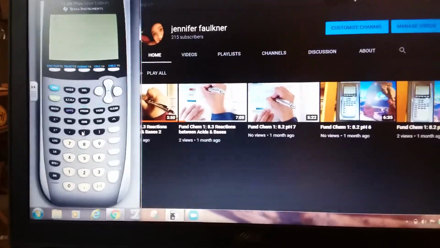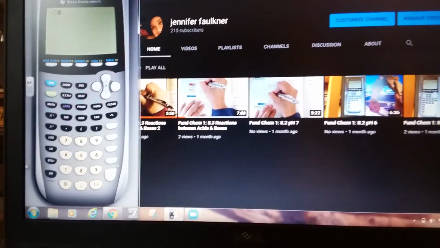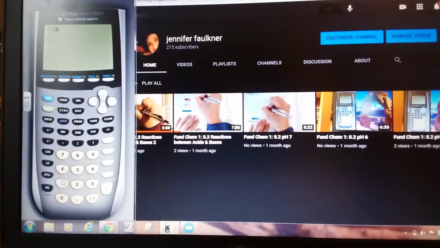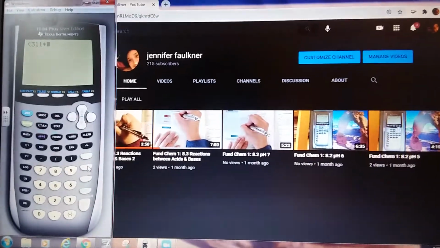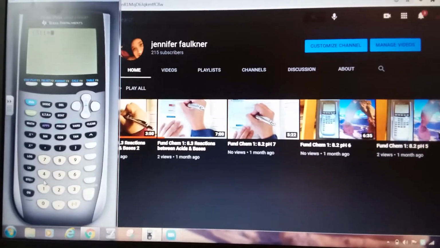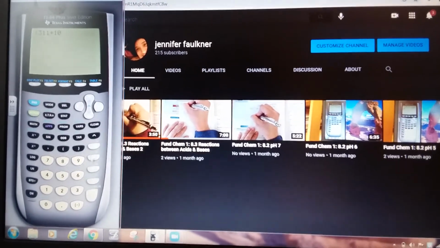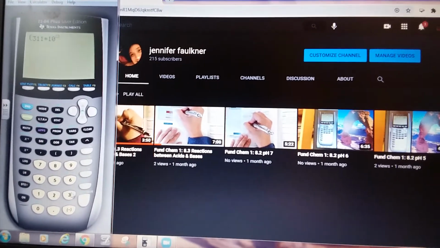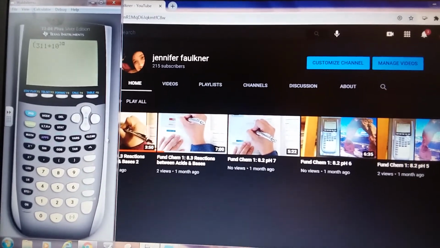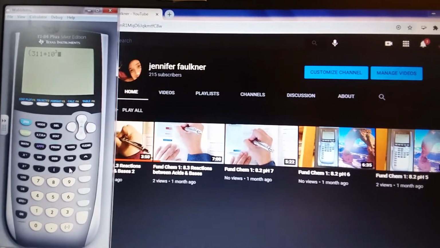And if you were writing along with me, then hopefully you will have seen that I started out with 311, and then I multiplied by 10 raised to the third. There's more than one way to do 10 raised to the third, but I'm going to do it in this simpler way. And then I close the parentheses.